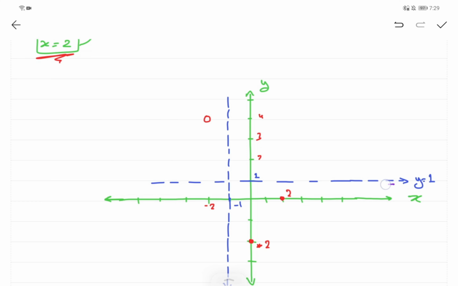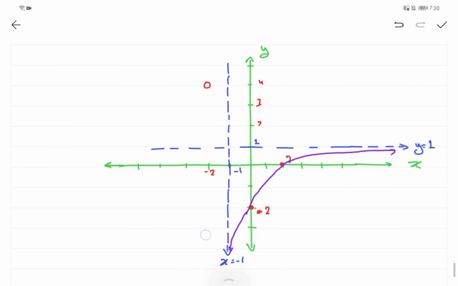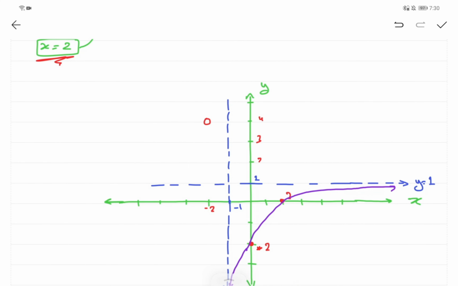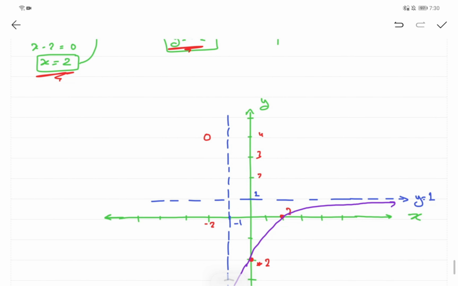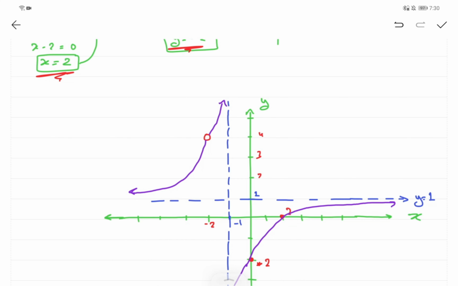This one is going to be approaching the vertical and the horizontal asymptote in this way, and keep in mind it will never intersect the vertical asymptote. And here it's going to be something like that. It's a sketch, so it's not so accurate, but it's going to be something like this. And remember, it will never pass through the vertical asymptote.